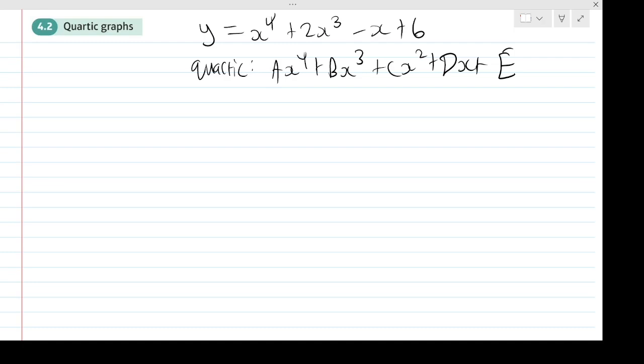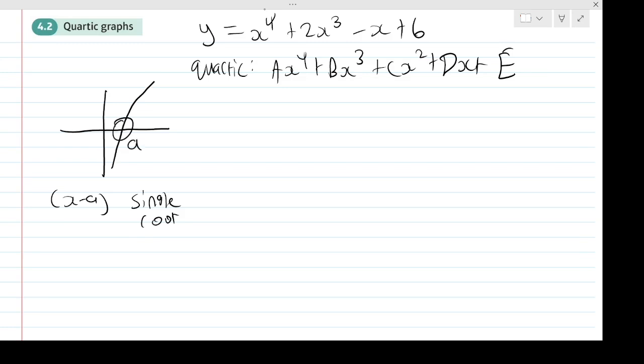Basically, it's the same idea as when we looked at cubics, when we analyzed the type of roots. So remember that when we had what we called a single root, when it's just the bracket or the factor on its own, it just passes through the axis. So it looks like that, and if that's x equal to a, it just passes through the axis, no problem.